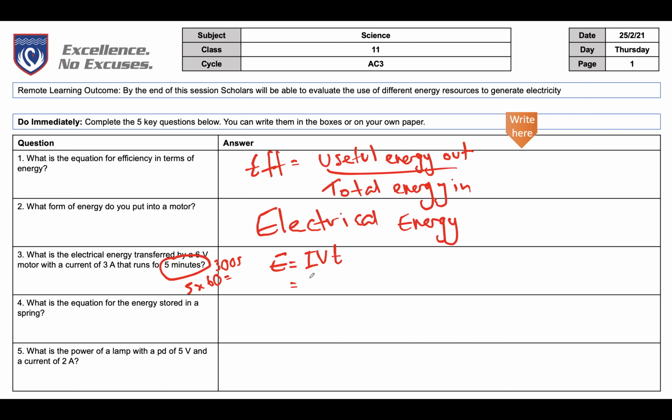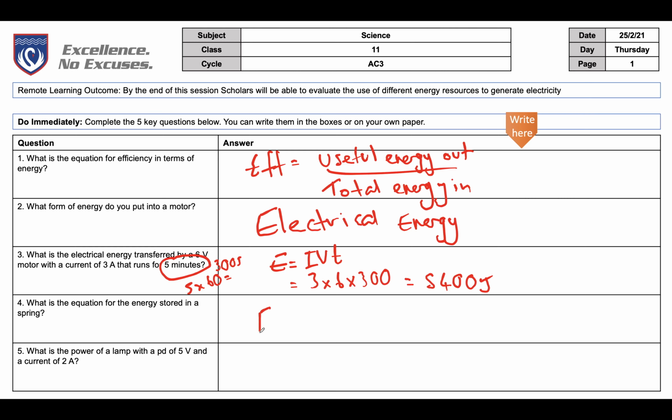And that gives us 3 times 6 times 300, 5,400 joules.